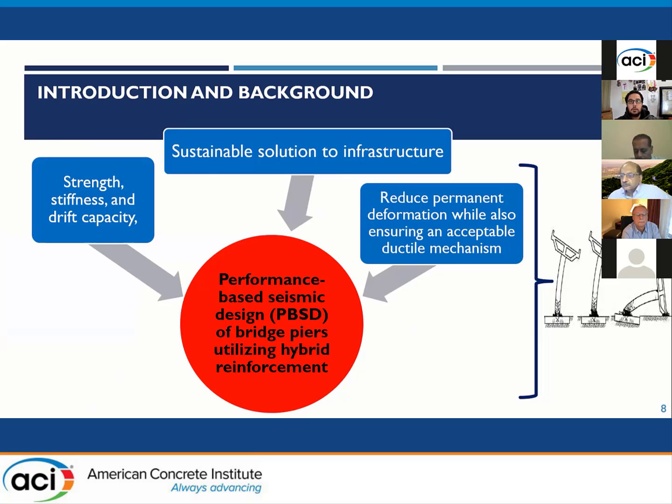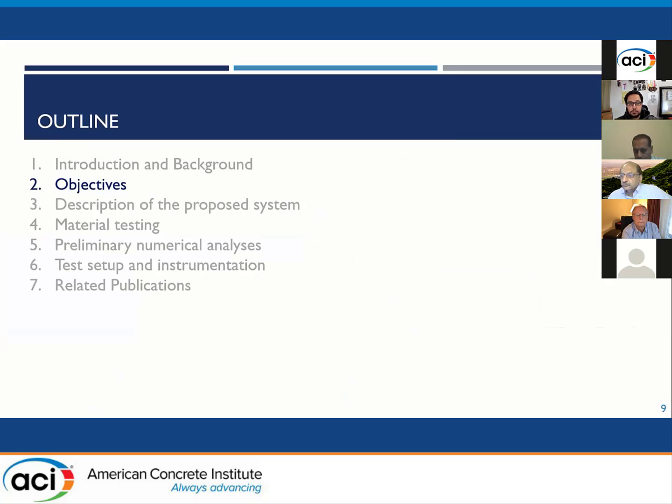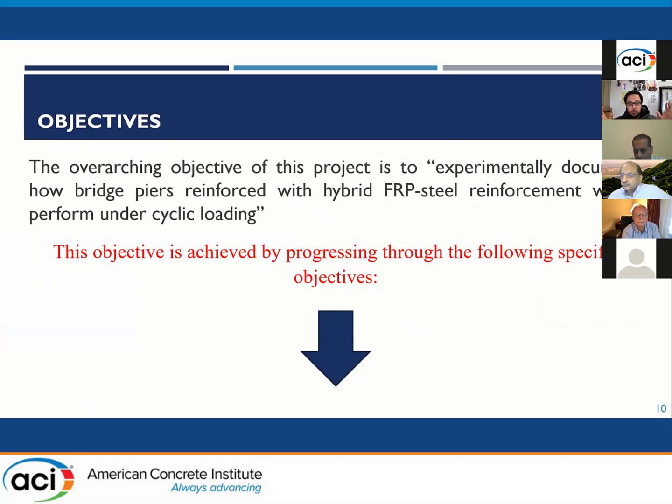This is my area of research: performance-based design of hybrid reinforced bridge piers. The overall objective of the research is to experimentally document how bridge piers with hybrid reinforced columns, FRP and steel, would perform under cyclic loading.